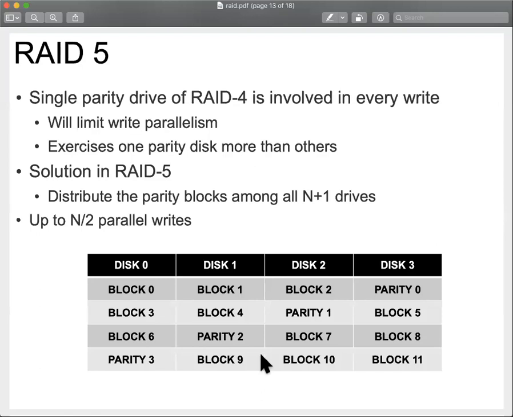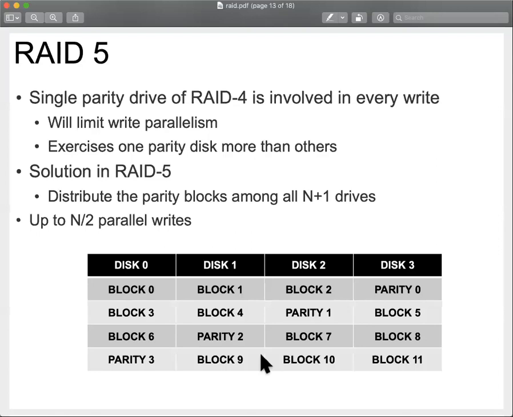Okay, so other than the hardware latency issue, why would this not be parallel? There is a hint there: if you want to update the parity information.